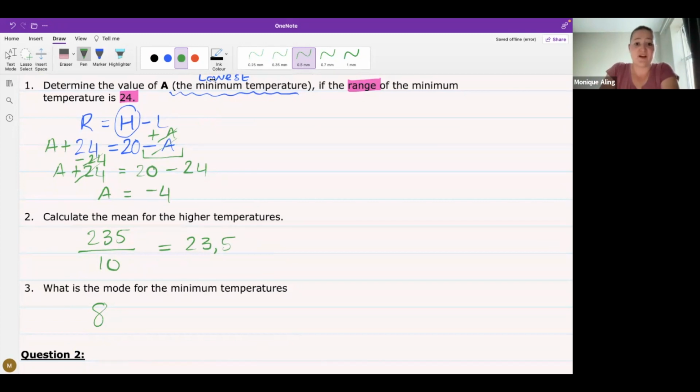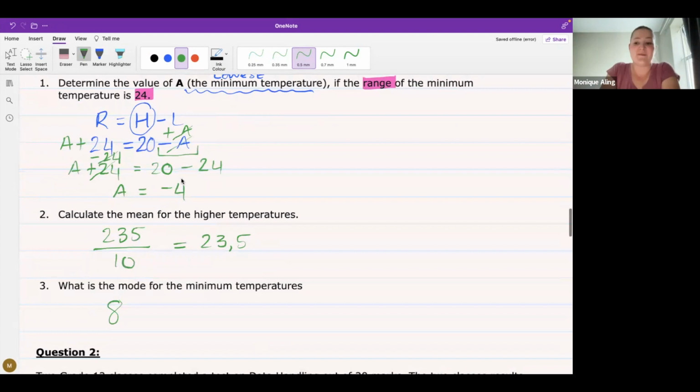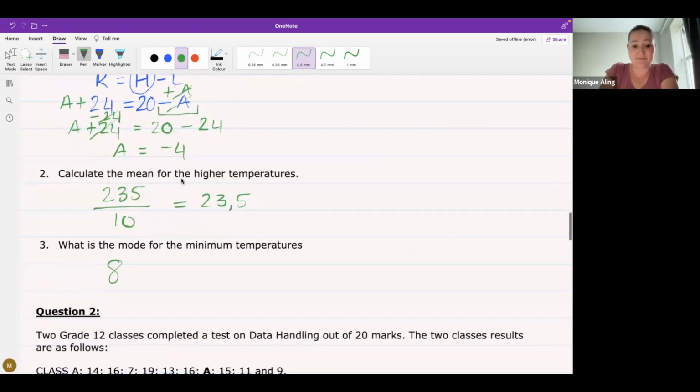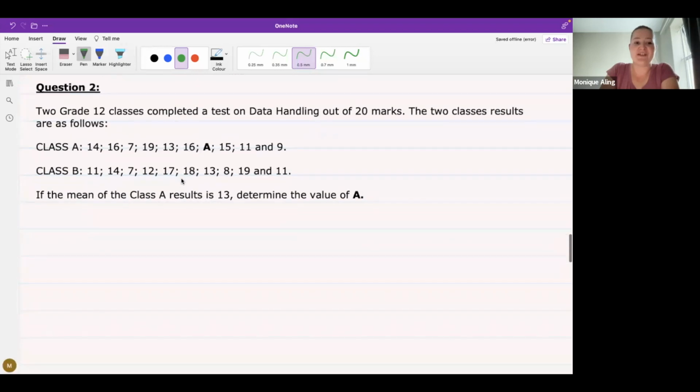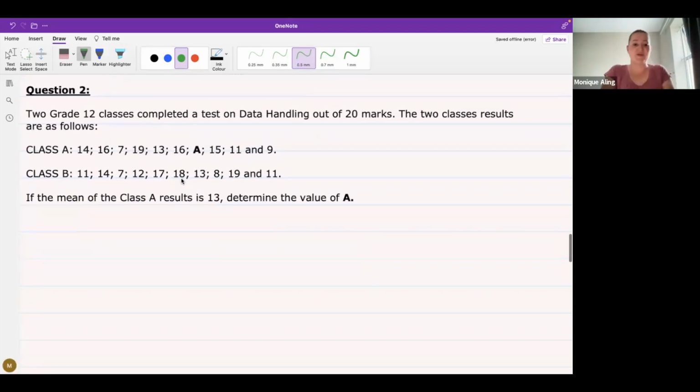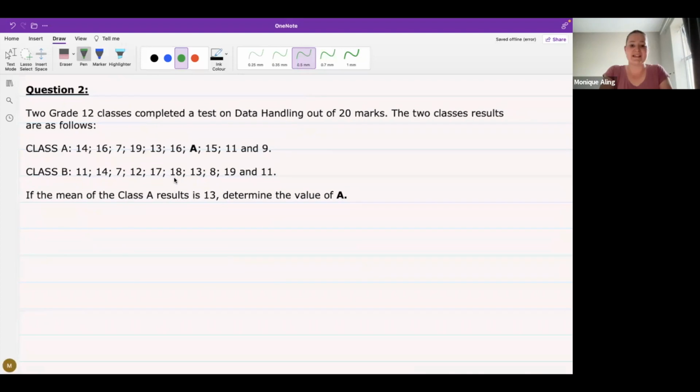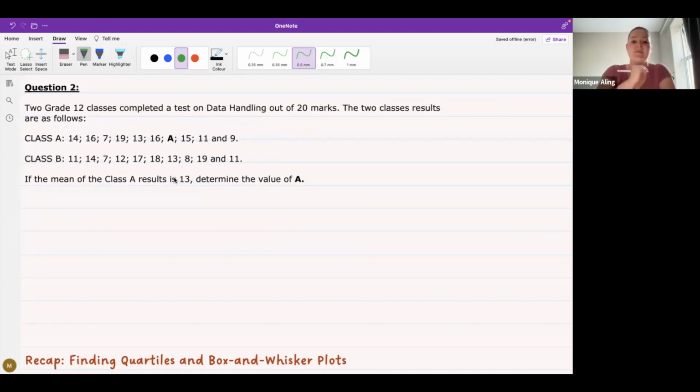Okay. So now, keeping the mean in mind, I'm going to step it up again, similar to our question 1 here. Question 2 says, 2 grade 12 classes completed a test on data handling out of 20 marks.